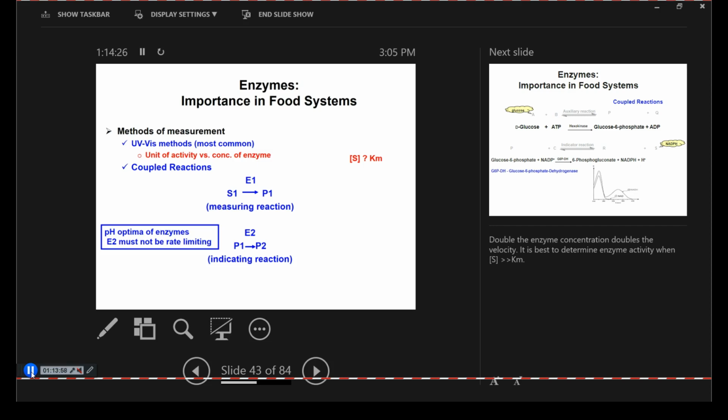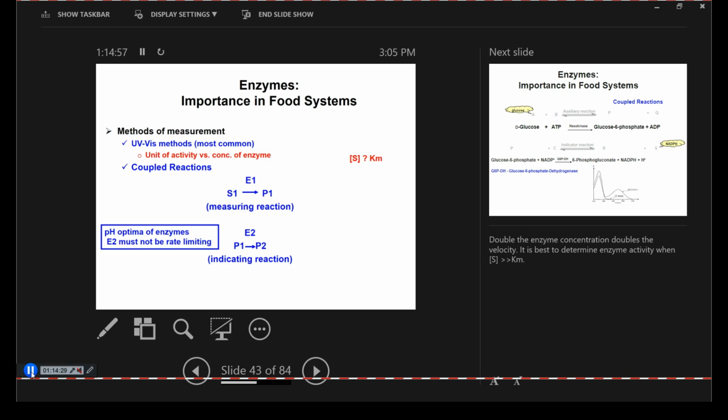This product does not necessarily absorb light, so you can't measure anything. So you have to have another reaction which converts P1 to P2, and then here you can measure the absorption. Because here we get an absorption, we call it the indicating reaction. So you have the measuring reaction and the indicator reaction.